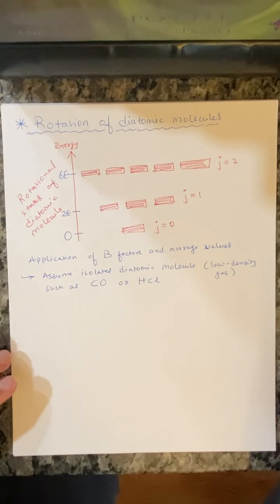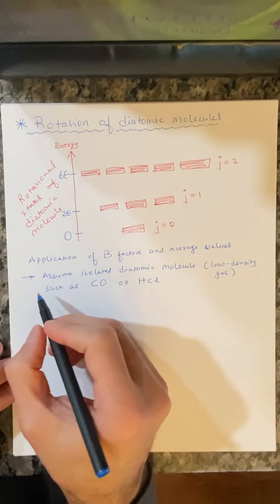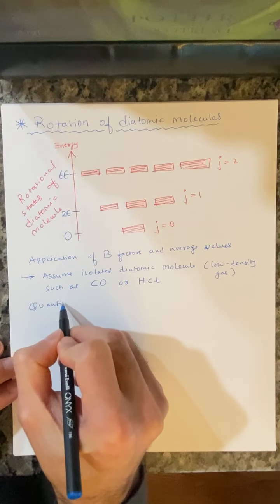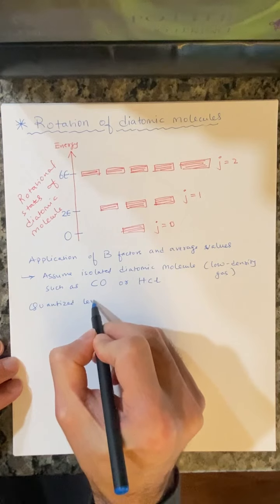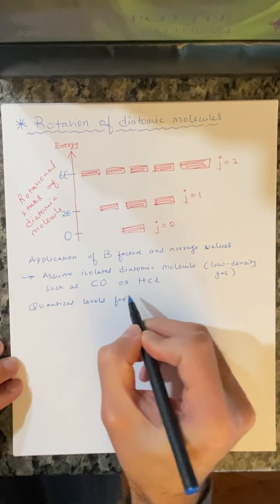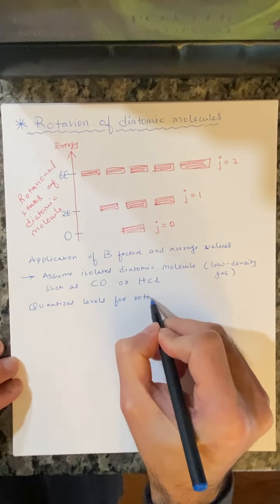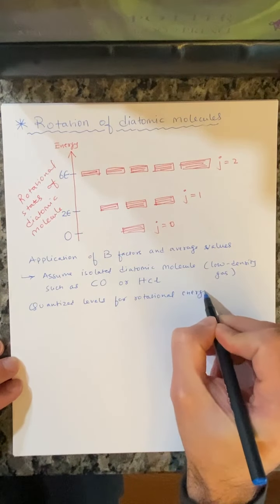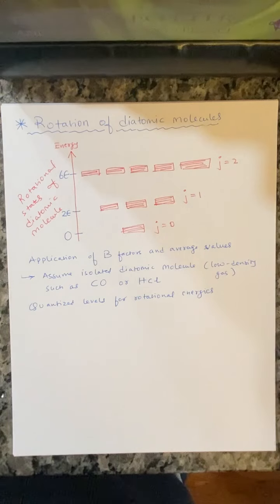What we have is from quantum mechanics. Anyone interested further, take a look at the appendix. What you do have here is quantized levels for rotational energies of a diatomic molecule. You all know what quantized means, right? Discrete. Only certain values are allowable.